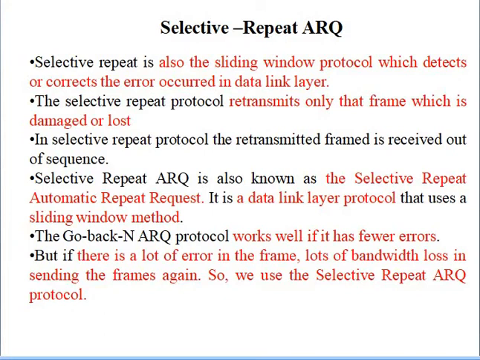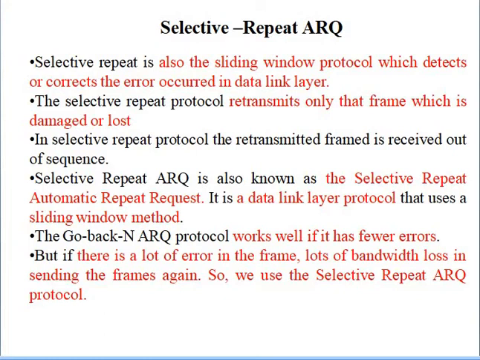The selective repeat protocol retransmits only the frame which is damaged or lost. In Go-Back-N, if the acknowledgement is damaged, or the acknowledgement of a frame is not received within an agreed upon time, then all frames starting from that frame are retransmitted.